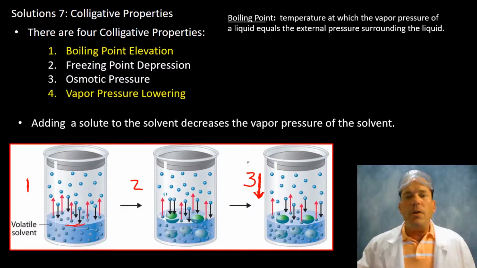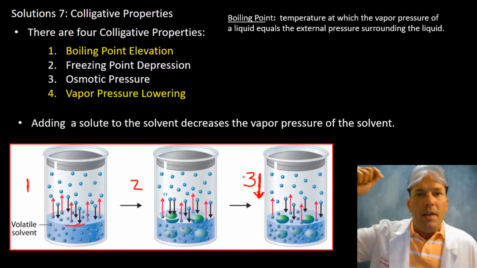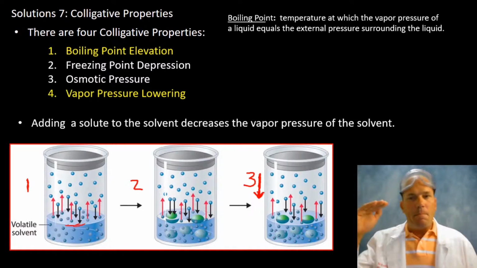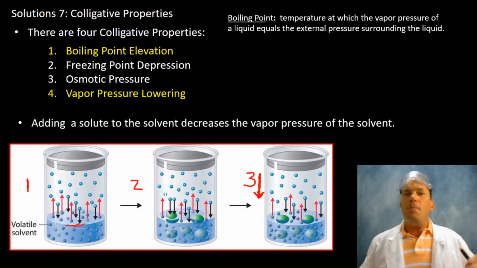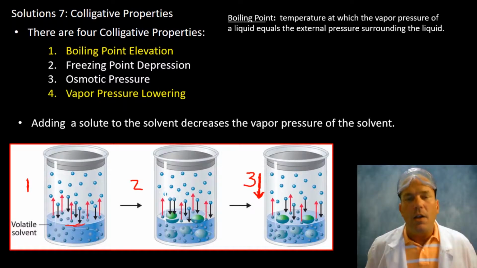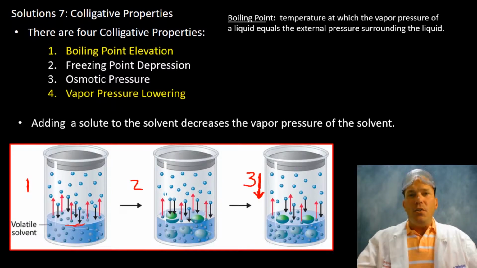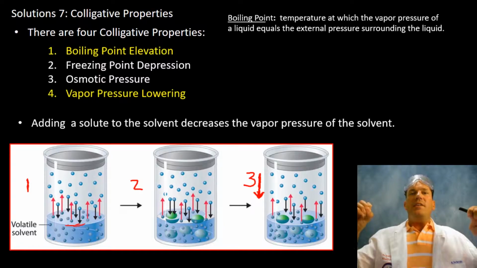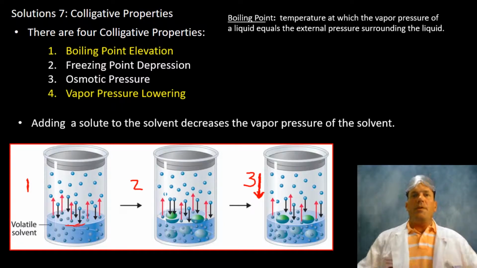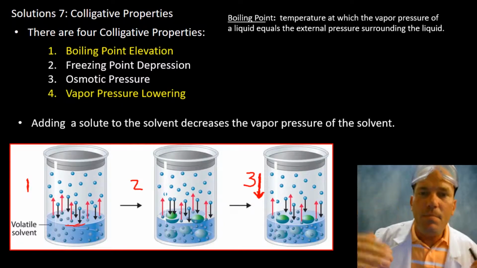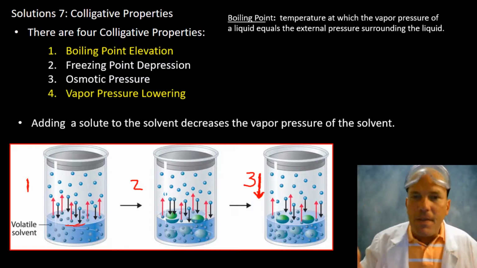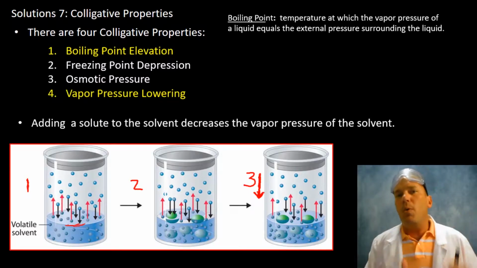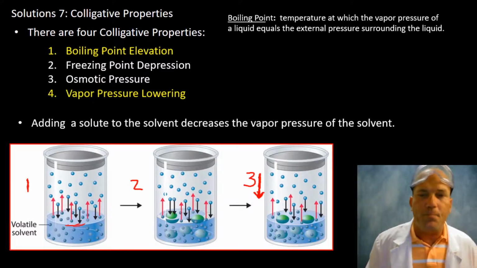So in scenario 3 here, the vapor pressure has lowered. Now, what does it mean to boil? It means that the vapor pressure equals external. Well, if the solutes have lowered that vapor pressure, then it's going to take more energy input. It's going to take a higher temperature for this solution to boil. Hence the term boiling point elevation.